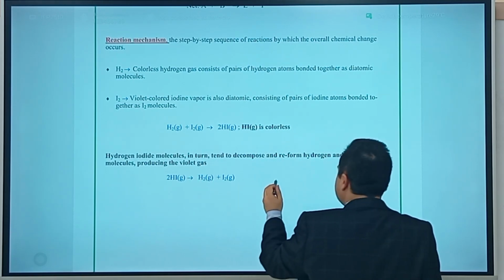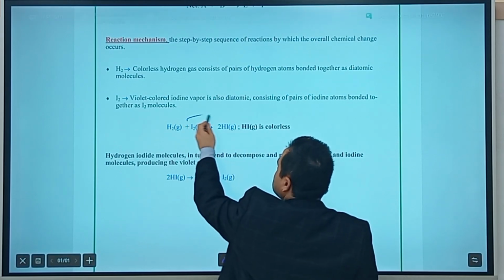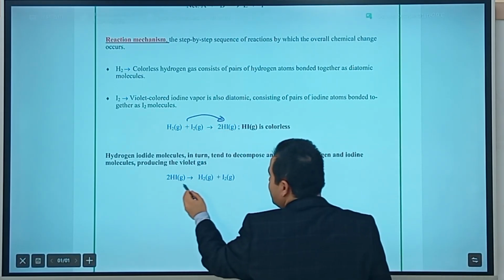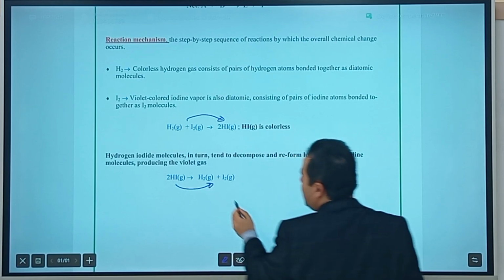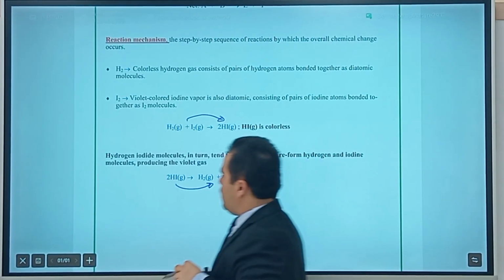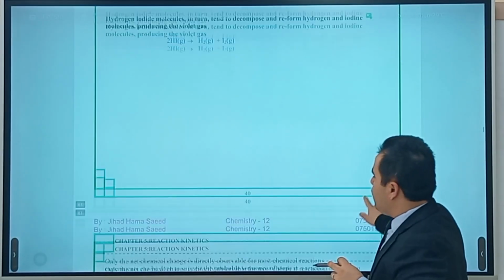In the above, guys, we have the process of formation of hydrogen iodide, and here we have the decomposition of hydrogen iodide. Both processes are occurring; this is a reversible reaction.